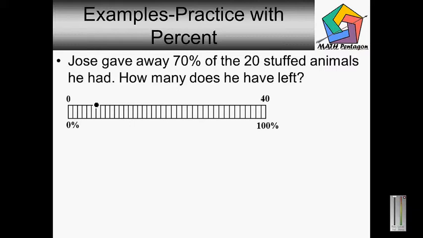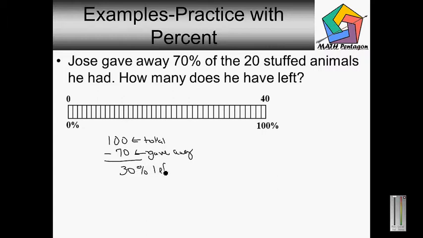So he has 30% left. So he's 100% minus the 70% he gave away. 100% is the total percentage, and this is how much he gave away. And so he is now left with 30%.